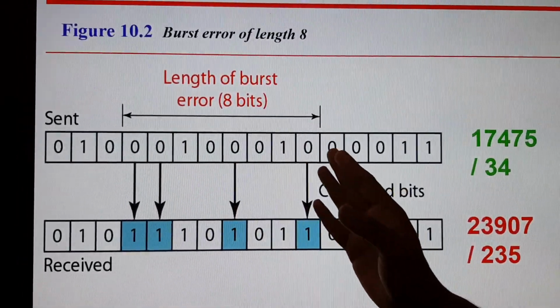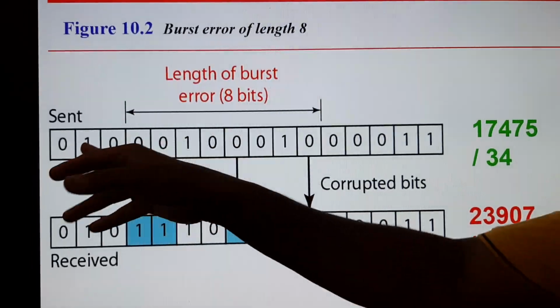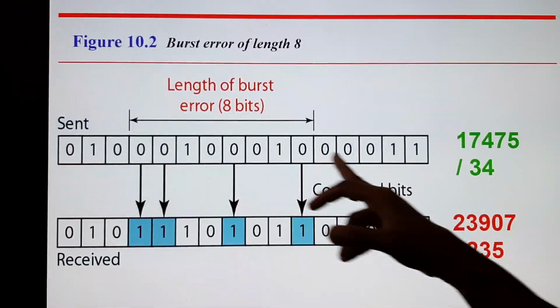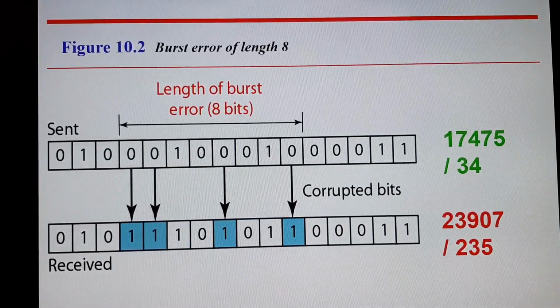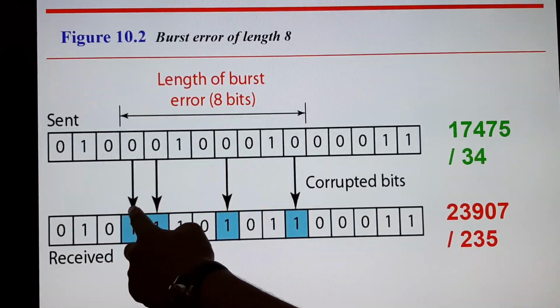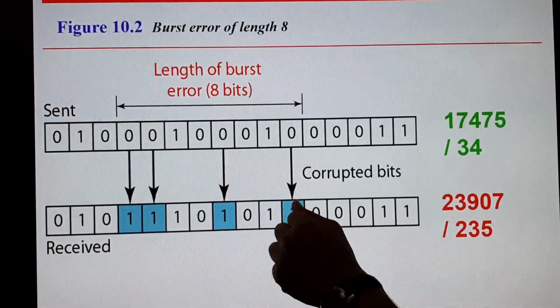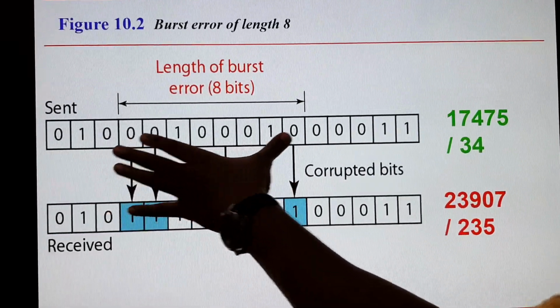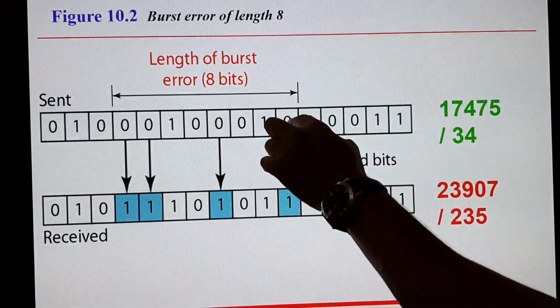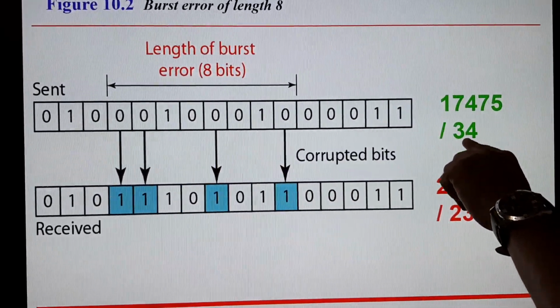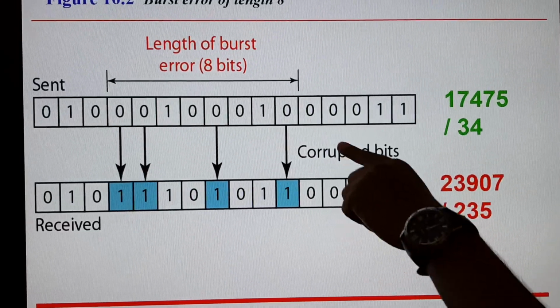Let's check what the input is and what the output is when the sender sends. If we consider the whole bit pattern, it is 17475. If we consider from the starting error bit to the ending error bit, this 8 bit, its value is 34 in decimal format.